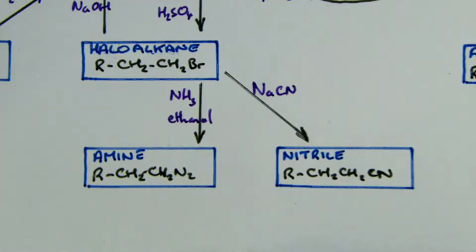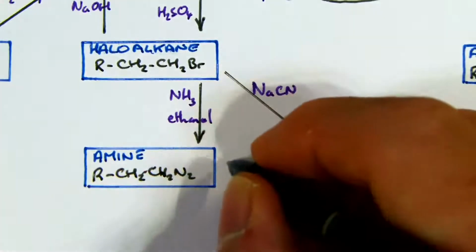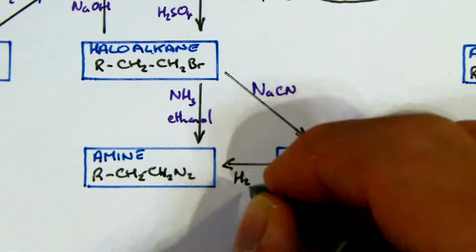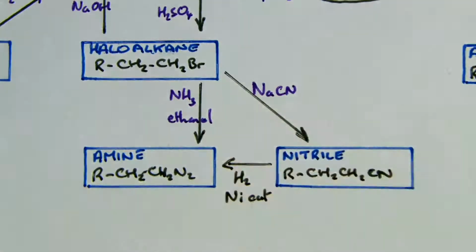I can convert my nitrile to an amine if I want to, and that one is going to be using hydrogen and a nickel catalyst. What can I do with my nitrile?